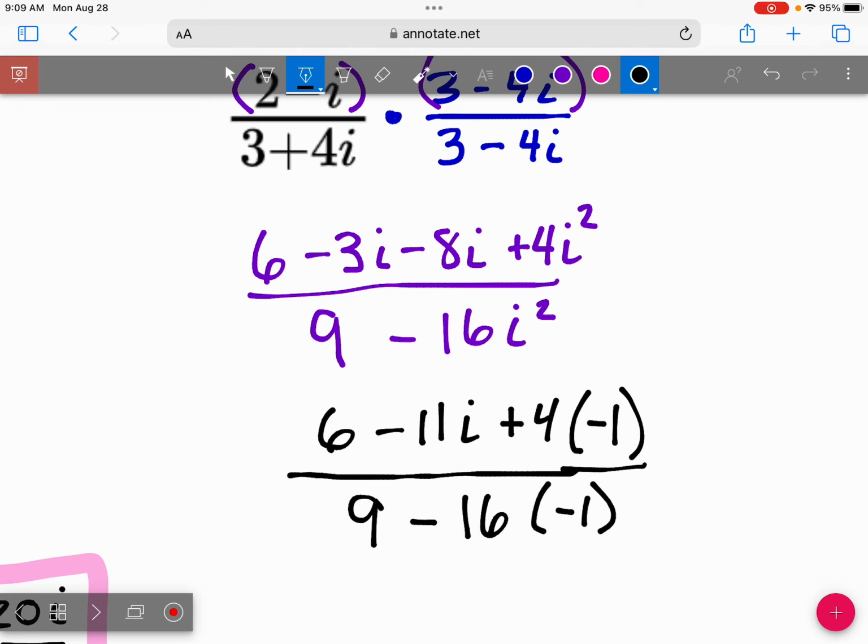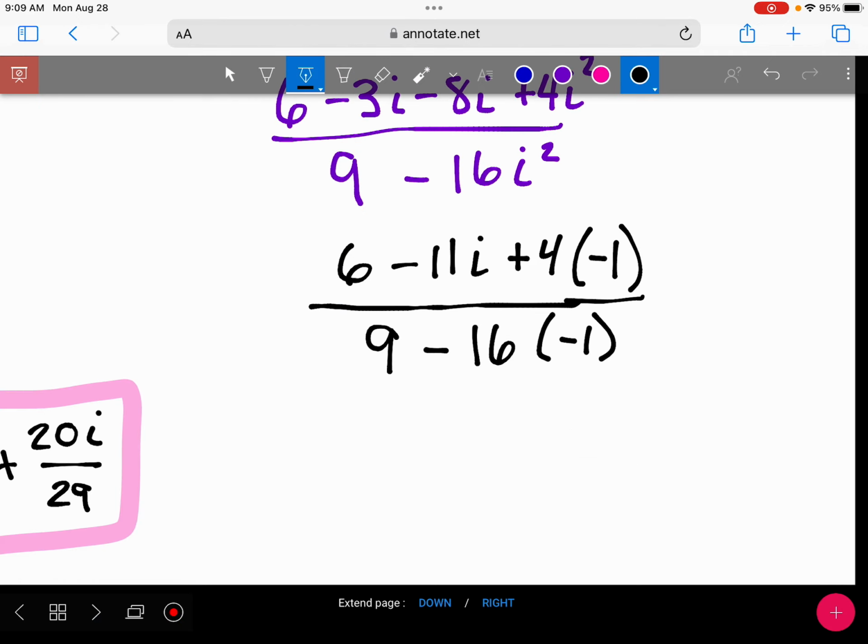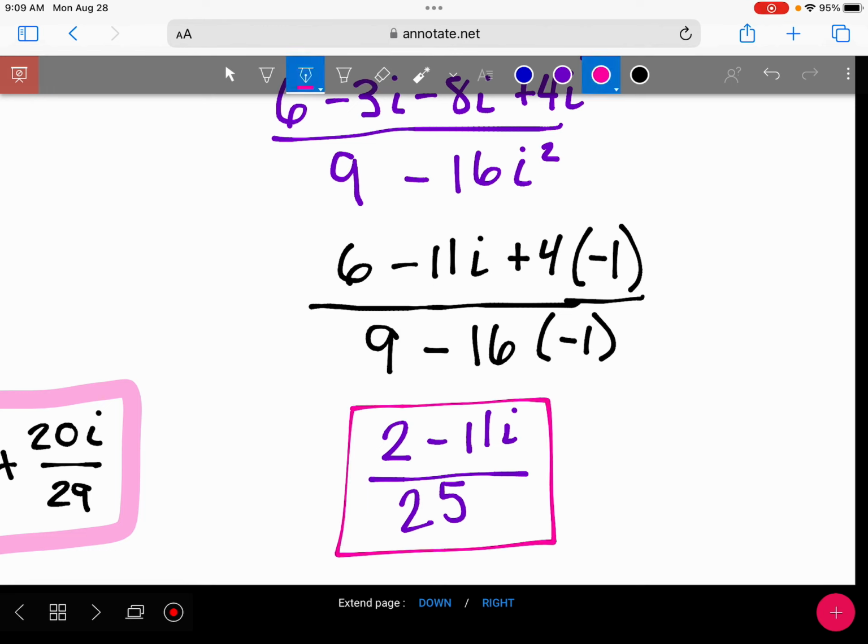So we have it in here twice. When we simplify this, we have 6 minus 4, which is 2, minus 11i over 9 plus 16, which is 25. And that's a fine answer.